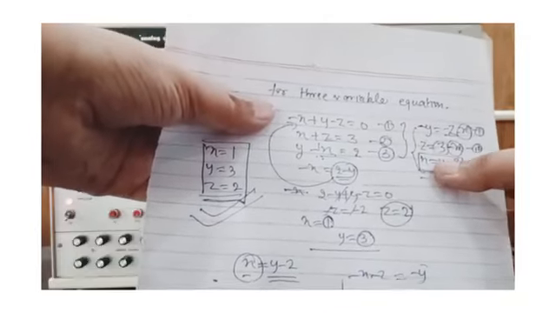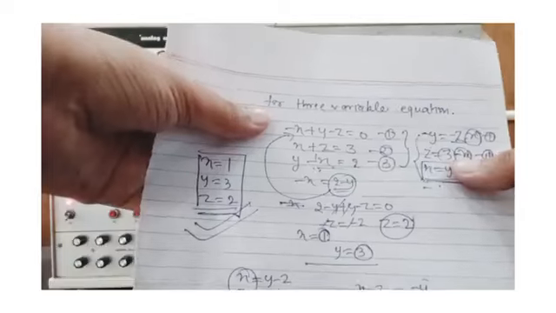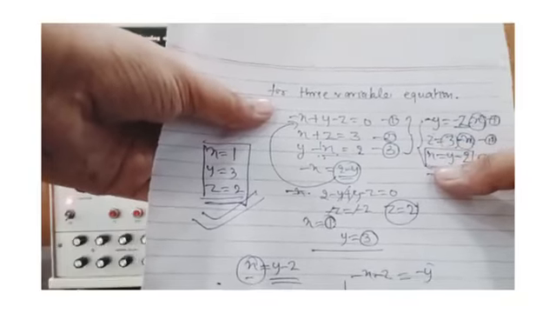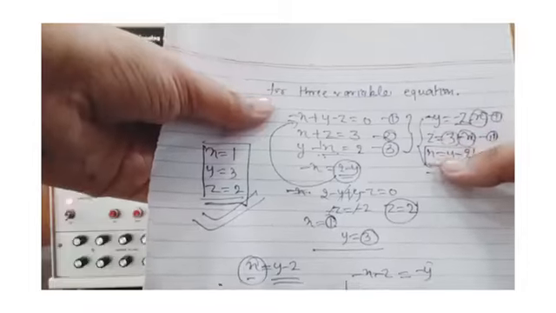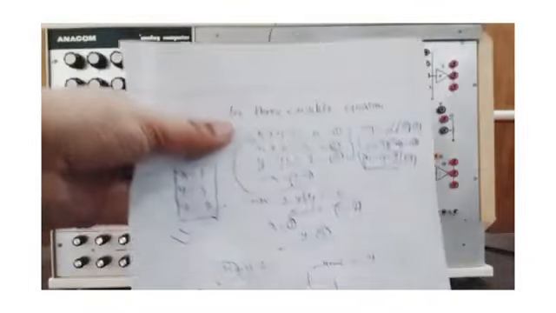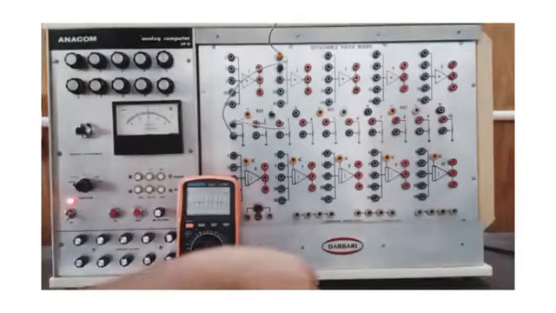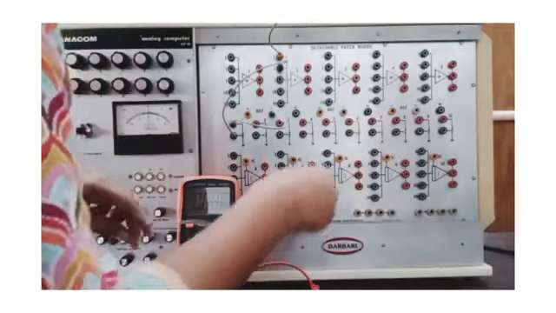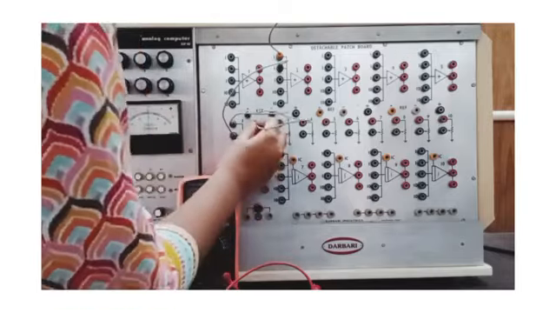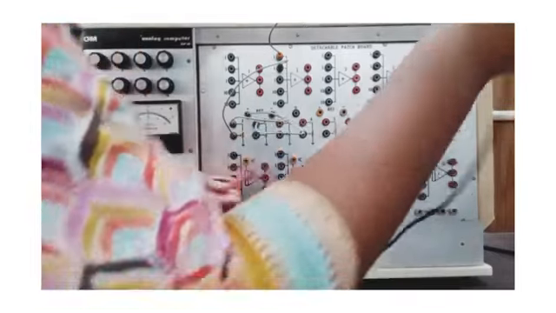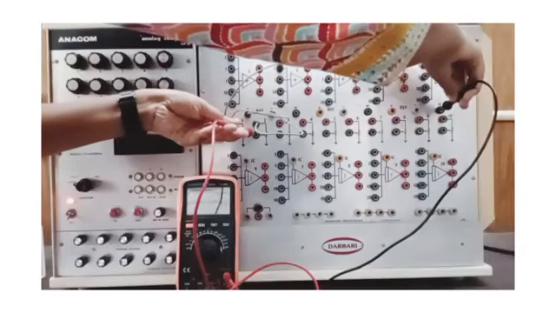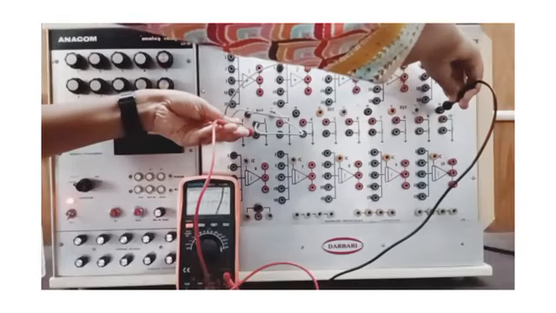Now we will move into equation 2. From here we can see that 3 minus x equal to z. I have got my minus x value and I will apply 3 volt. Then I will get z. So I have to apply 3 volt. How can I apply 3 volt? Let's add this one here, and when you check this on the multimeter, you will find that it's almost 3 volt, 3.027.